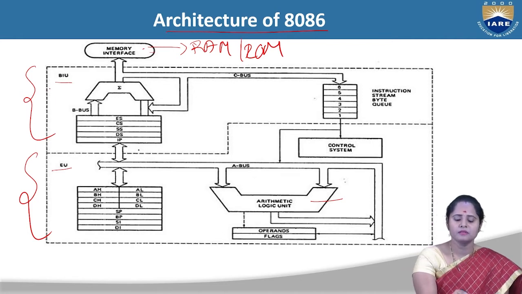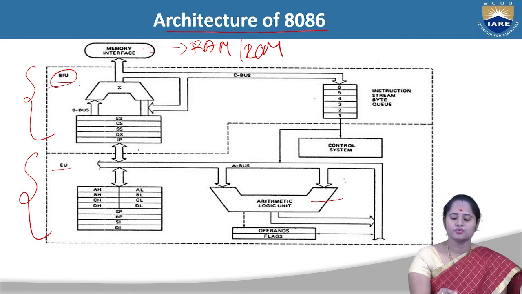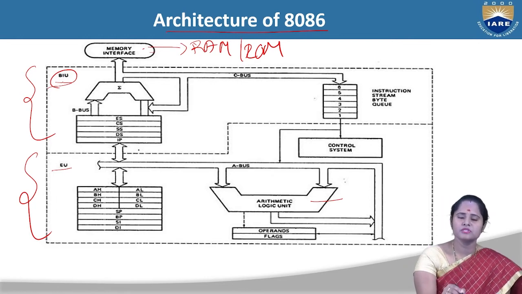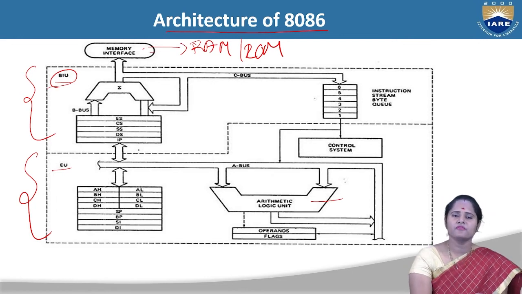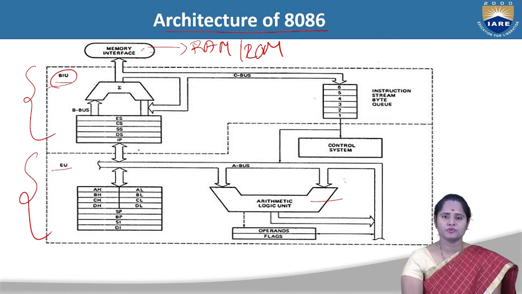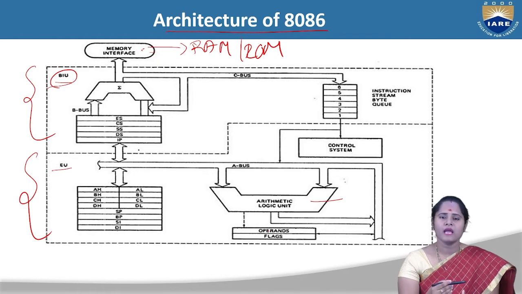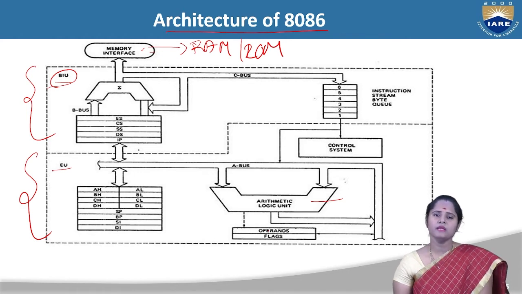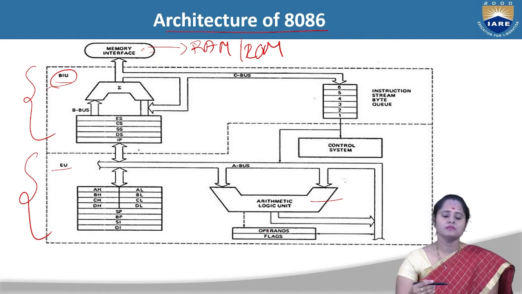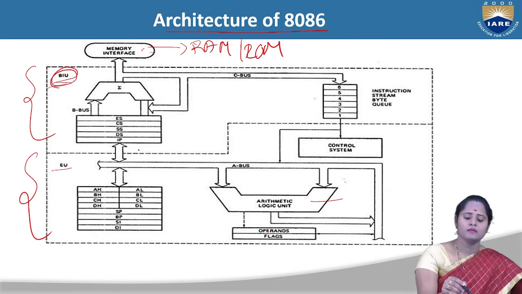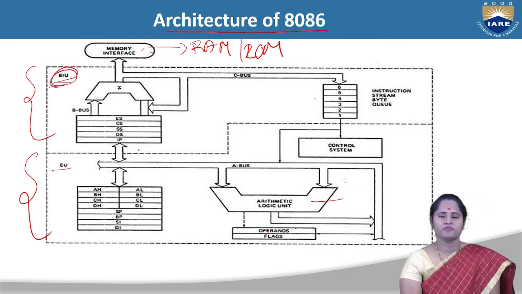By using the bus interface unit. The name itself says that it acts as an interface between the memory as well as the execution unit. We need a mediator which can carry my instructions to my ALU unit, and that is done by the bus interface unit.